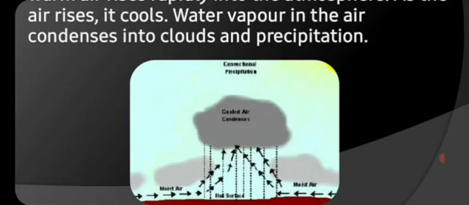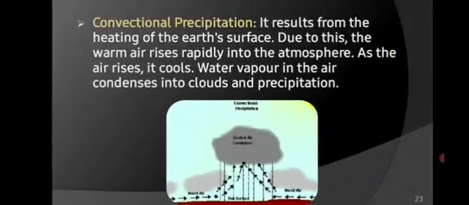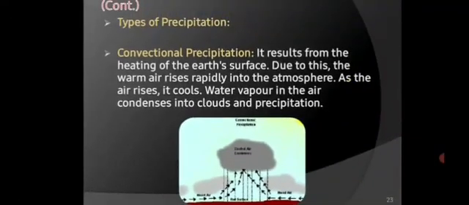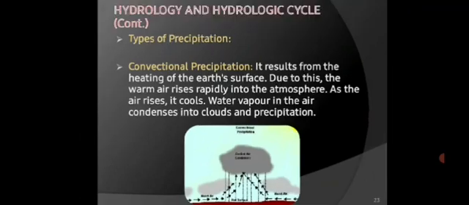Then clouds are formed due to condensation of air, and then at some atmospheric condition it precipitates and comes back. So what is convectional precipitation? It is just the rise of warm air, right?